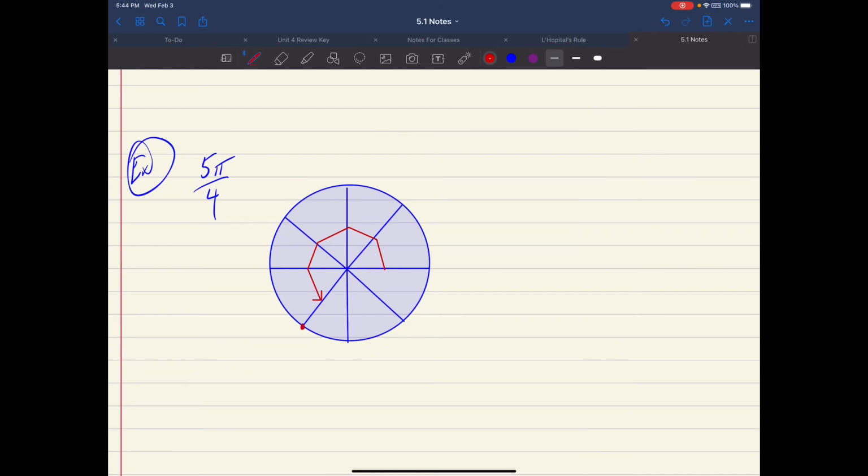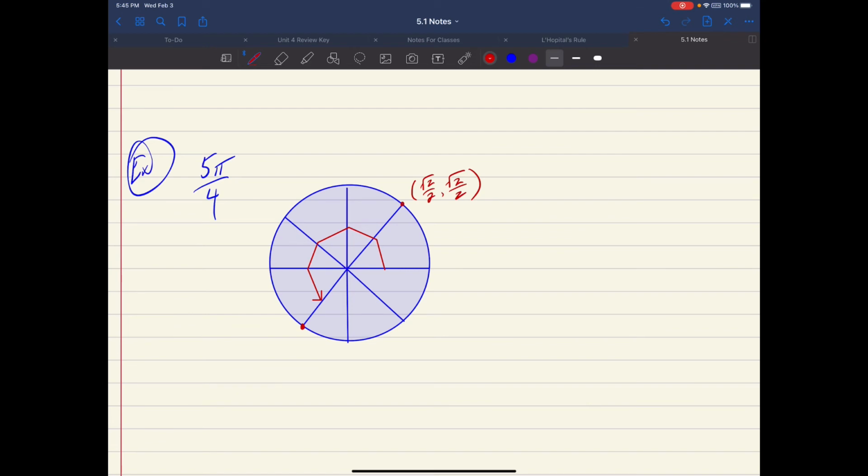So the terminal point is here. On the unit circle, there are only so many values. This is a fourth, so all of the fourths are going to have the coordinate of root 2 over 2, root 2 over 2, some combination of that. Originally, quadrant 1 is root 2 over 2, comma, root 2 over 2, and they're both positive in that quadrant.